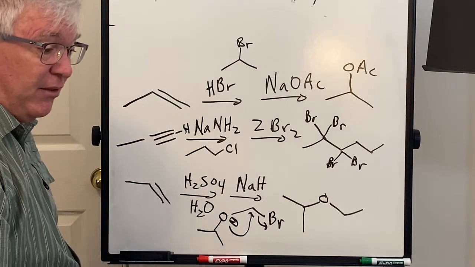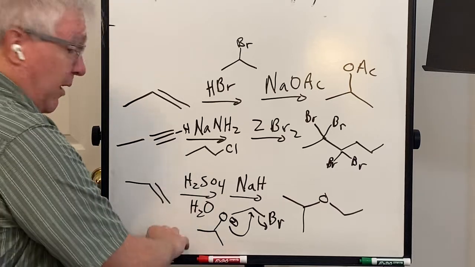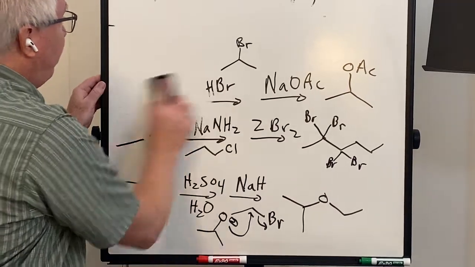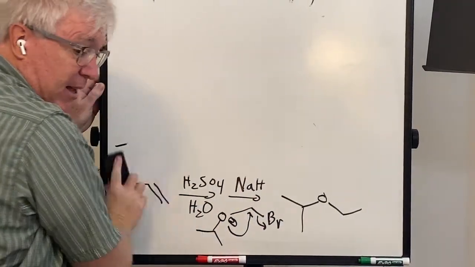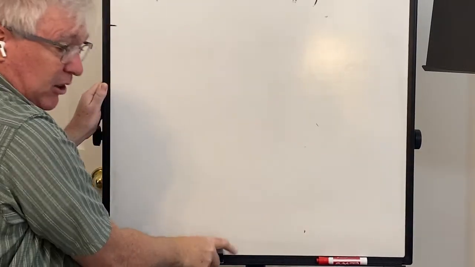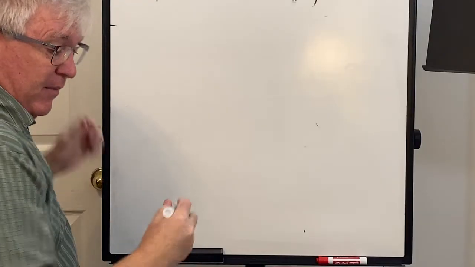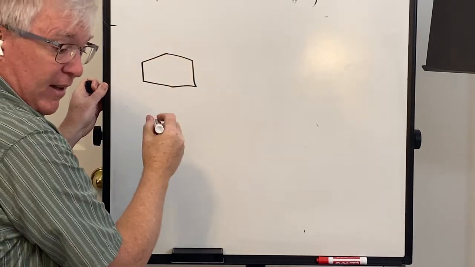Okay, let's see. What other ones should we practice here? Oh, how about dehydration of an alcohol, followed by halogenation. Let's take an alcohol.